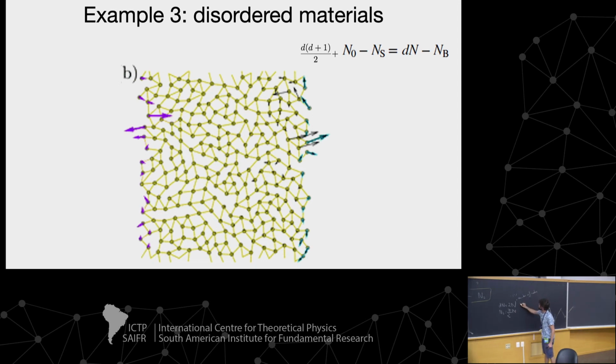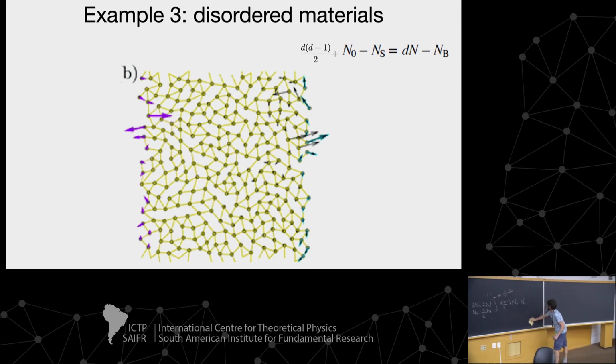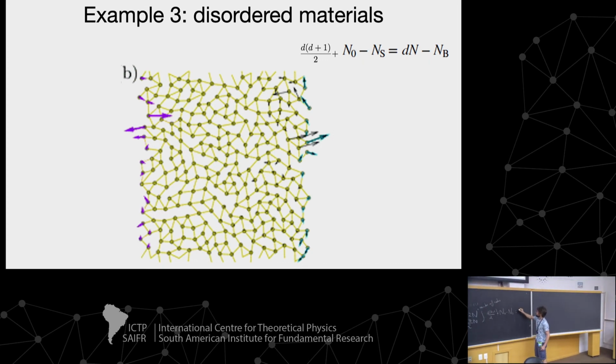So when you do your counting, what you can say is that d n plus the number of floppy modes n naught minus ns is actually equal to 2n times 1 minus z divided by 4. Okay?